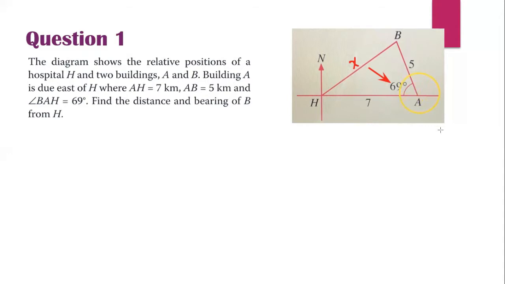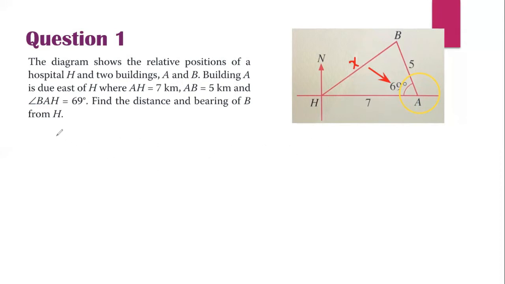Is it clear? 69 is covered by 5 and 7, and x is opposite to 69 degrees. So we can use the cosine rule.